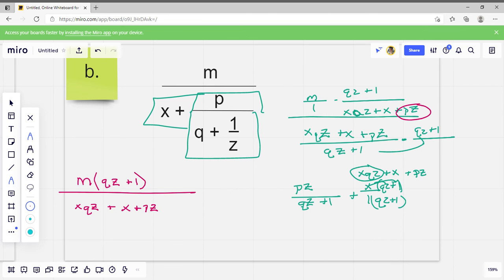Here's my PZ, here's my X, my XQZ, yep, all that. So that is the answer to B.